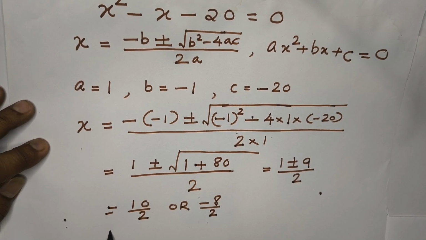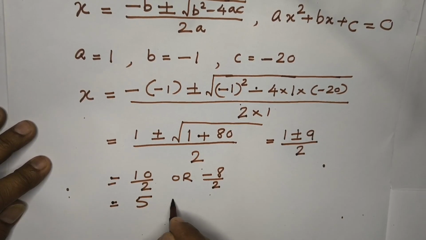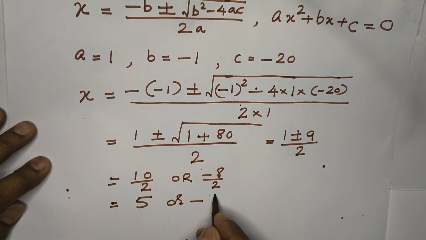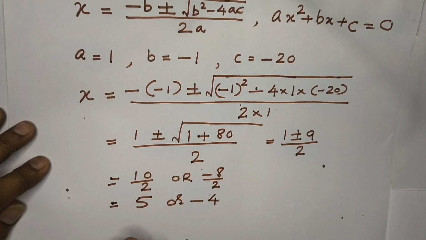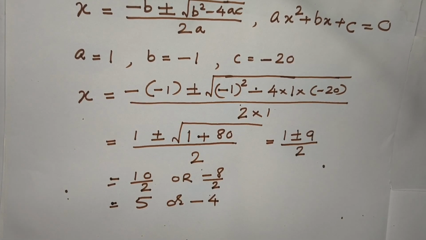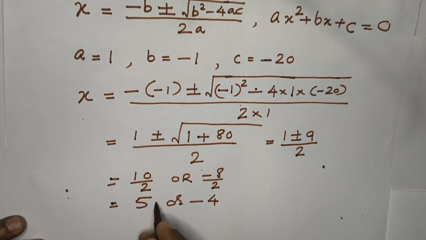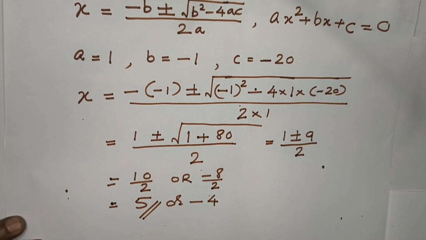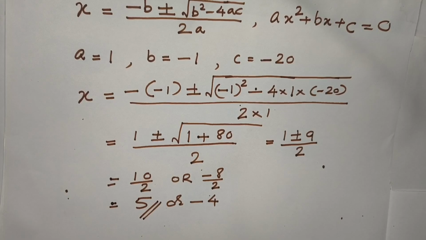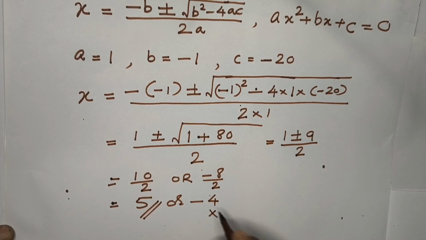This is equal to 5 or minus 4. These are the two roots we had got by the factorization method. I just showed you how to solve a quadratic equation using the formula. Like I said before, we choose 5 because the given series is clearly a positive number, and you reject the other root or the other solution.